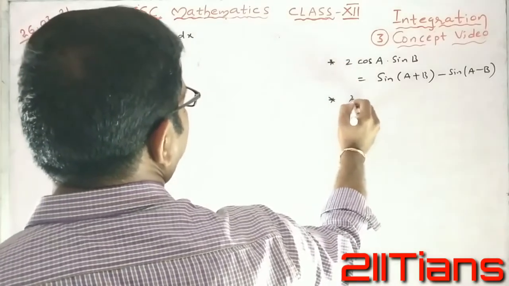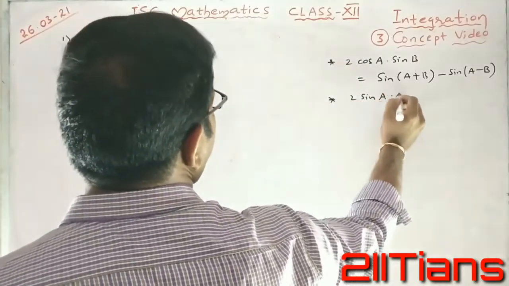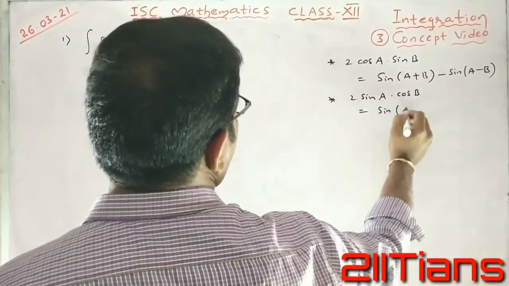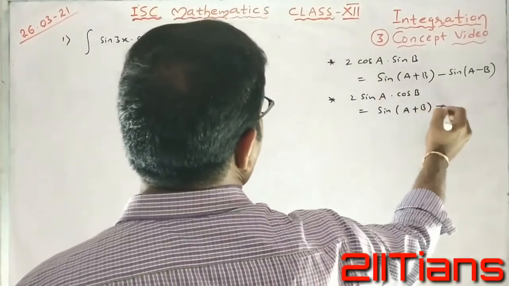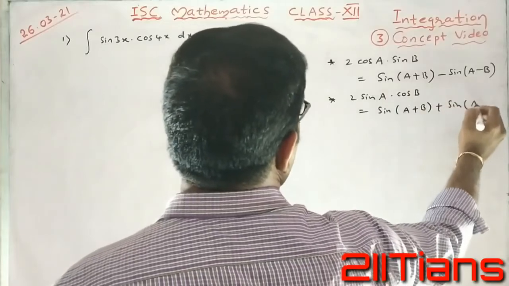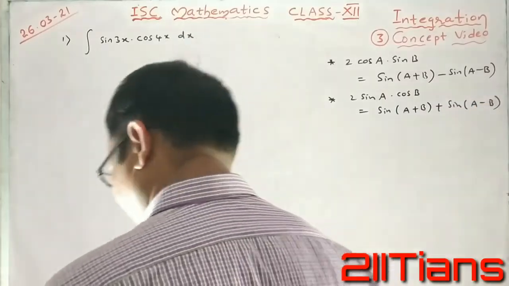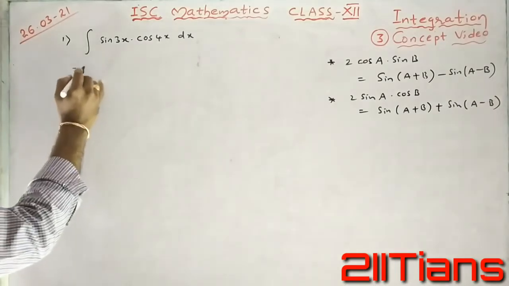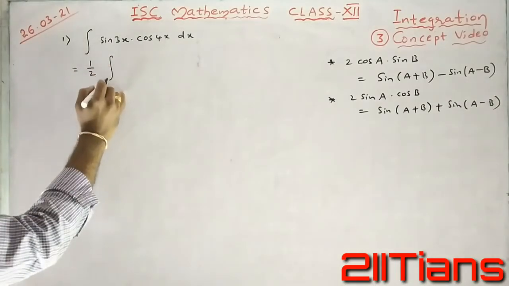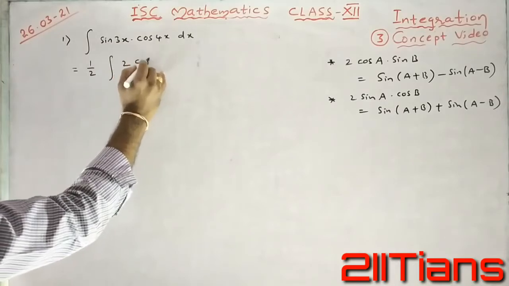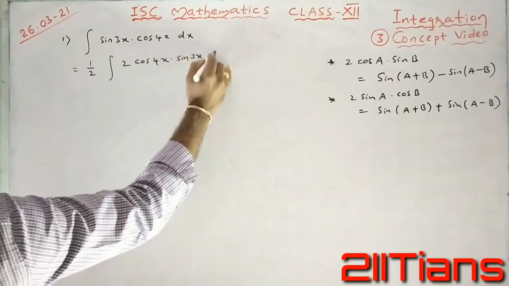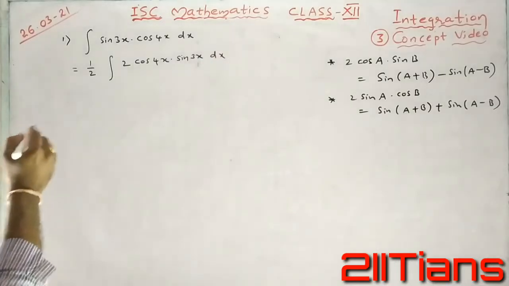Okay. So if you have 2 sin A cos B, this can be written as sin of A plus B plus sin of A minus B. Right? So for that purpose, what should I do? Multiply with 2 and divide with 2. 2 cos 4x sin 3x dx. Okay.